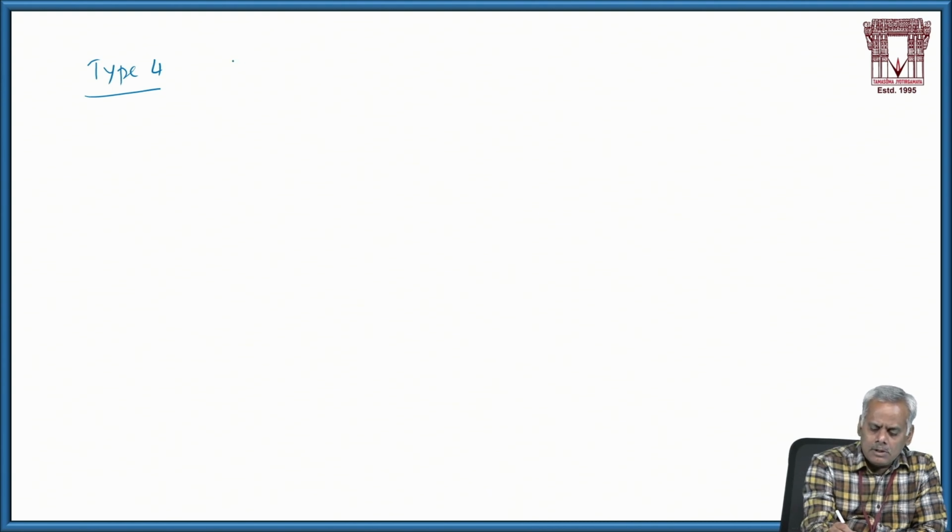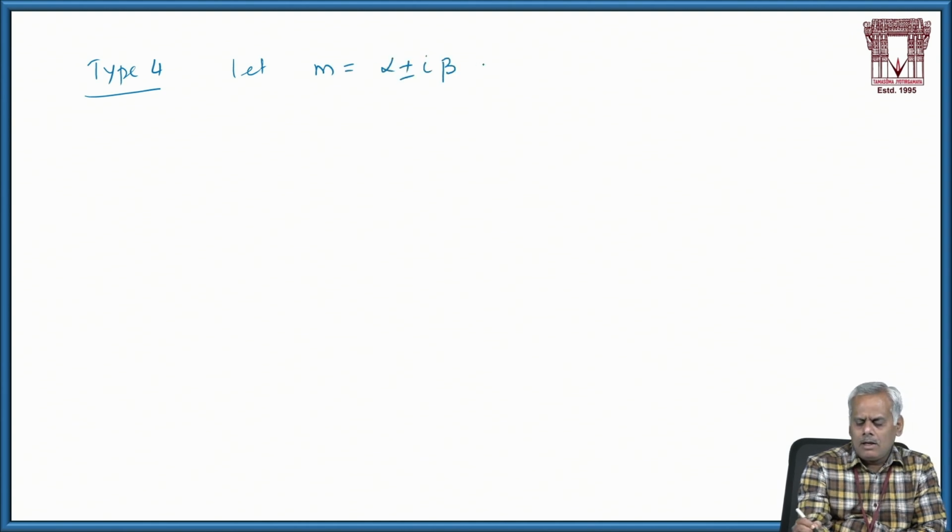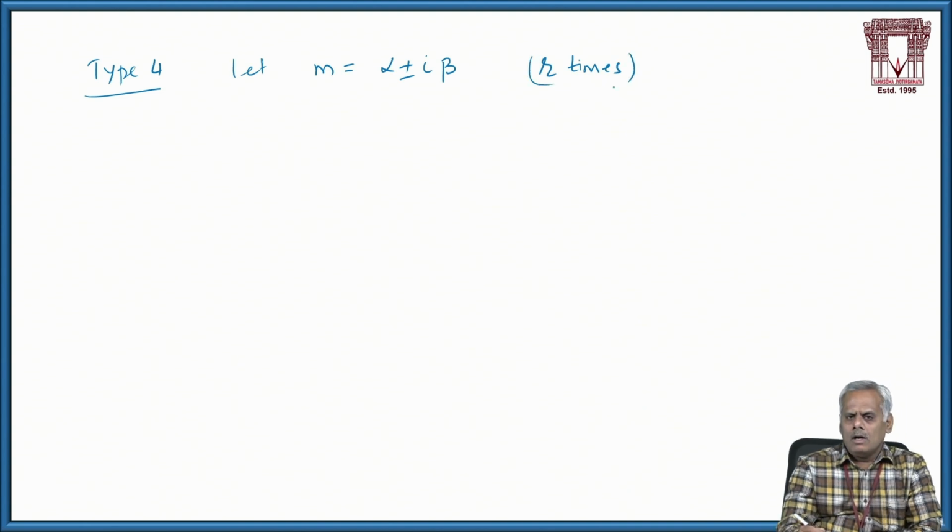For example, let m is equal to alpha plus or minus i beta be the complex roots of the auxiliary equation repeated r times. That is, alpha plus i beta repeated r times and alpha minus i beta repeated r times.